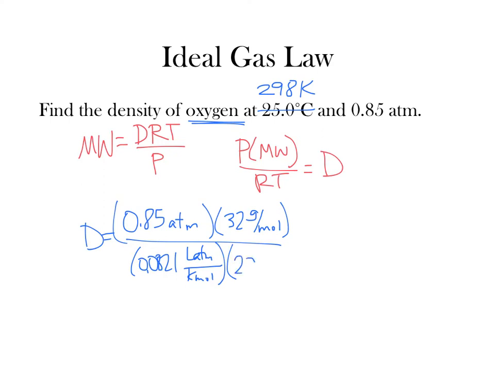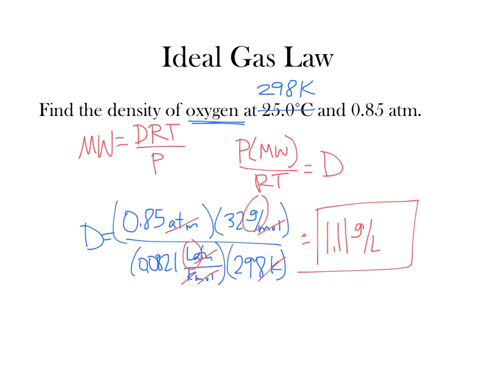T is 298 K. Multiply, divide, atmospheres cancels. Let's see, moles cancels, Kelvins cancels. I'm left with grams per liter, which is a really good density unit. And it is 1.11 grams per liter. Or at least that's what I got. Please make sure you have checked it on your own calculator and make sure it makes sense.